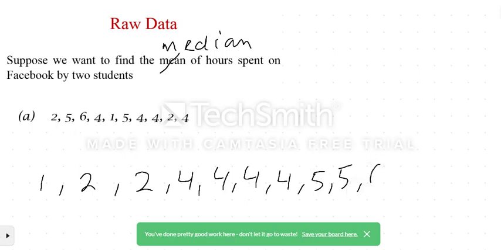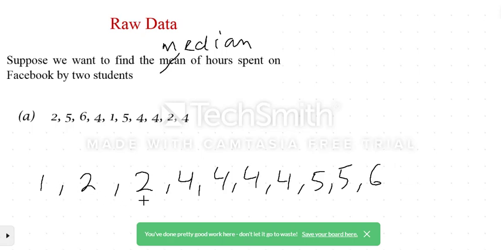There is no 7 and no 8, and so on, so 6 is the highest number here. Now we have arranged these numbers from lowest to largest.